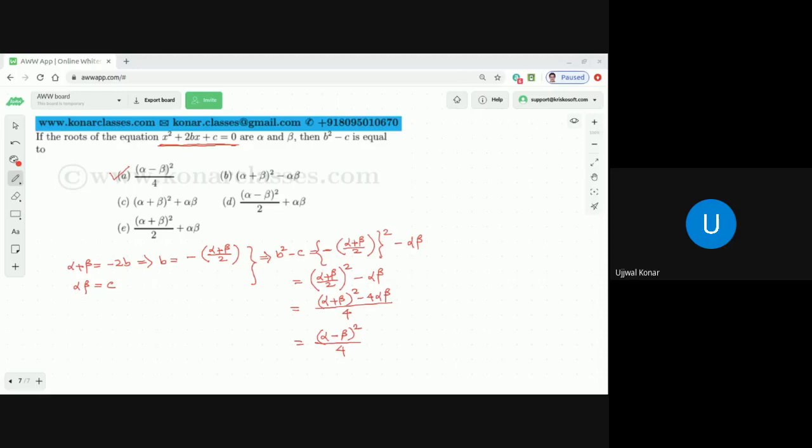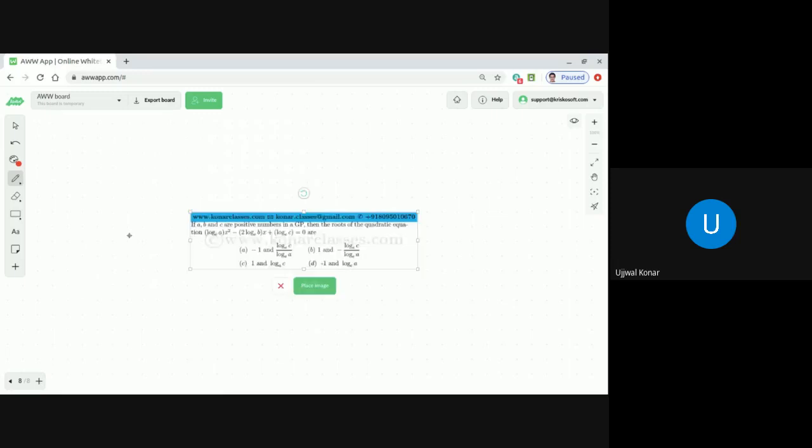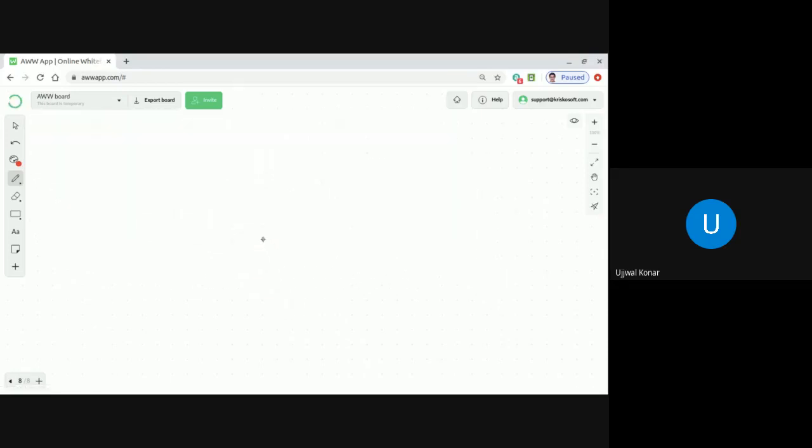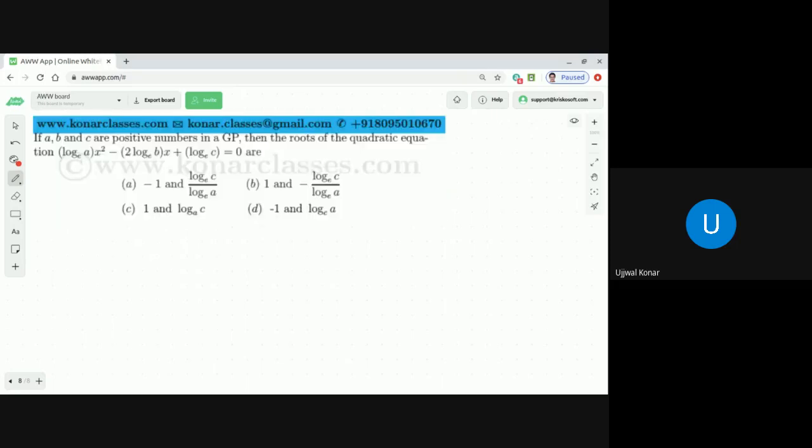For example, if you look into this question: if A, B, C are positive numbers in a GP, then the roots of the quadratic equation log A base e x square minus 2 log B base e x plus log C base e equal to 0 are what? We need to find it out.